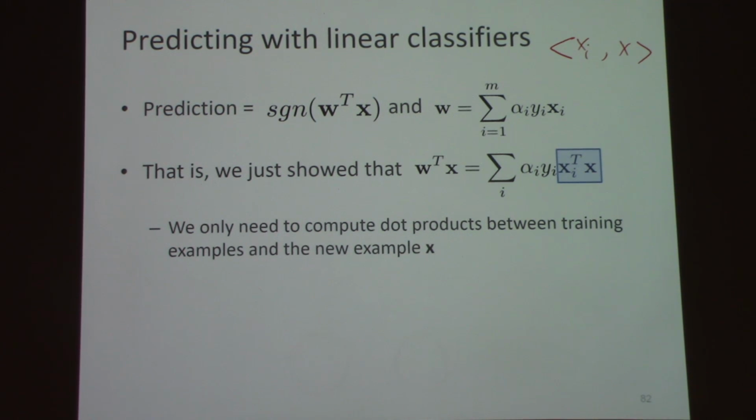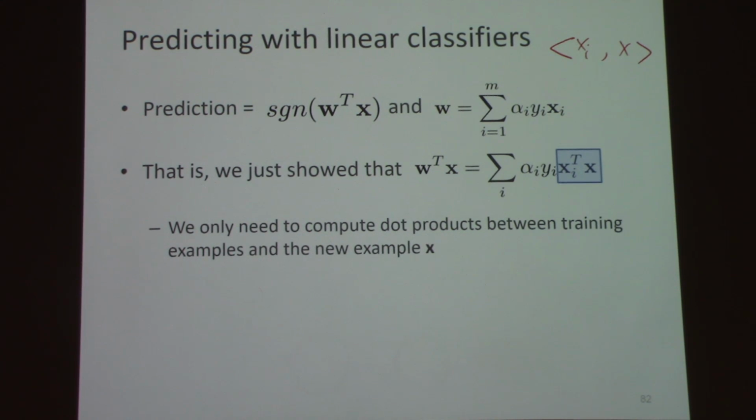But the training example and the new example are both points in this d-dimensional input space. So essentially, in order to build a support vector machine, all I need is a machine that computes dot products between points in the space. Once I'm able to compute the dot product, I can make a prediction, because all I do is compute dot products of the new example with the entire training set.